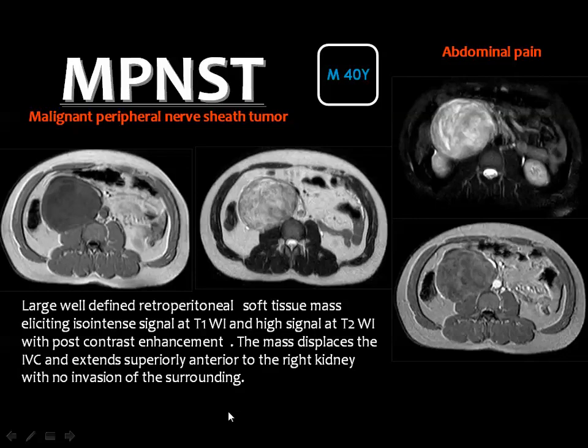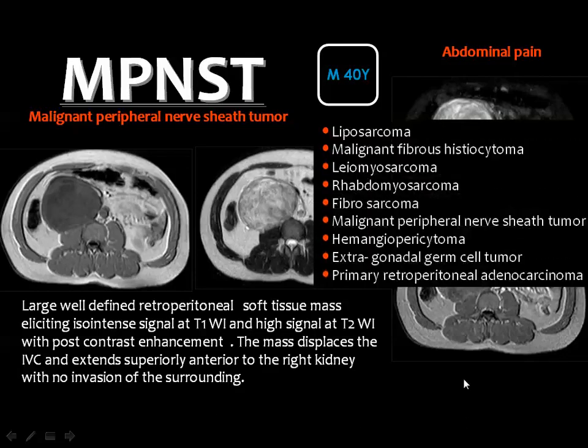This mass has a differential diagnosis, and there is a big list of the differential diagnoses, including liposarcoma, of course, malignant fibrous histiocytoma, leiomyosarcoma, rhabdomyosarcoma, fibrosarcoma, malignant peripheral nerve sheath tumor, hemangiopericytoma, extragonadal germ cell tumor, primary retroperitoneal adenocarcinoma. These are the differential diagnoses suggested by the literature, and the tumor was proved by biopsy to be a malignant peripheral nerve sheath tumor.